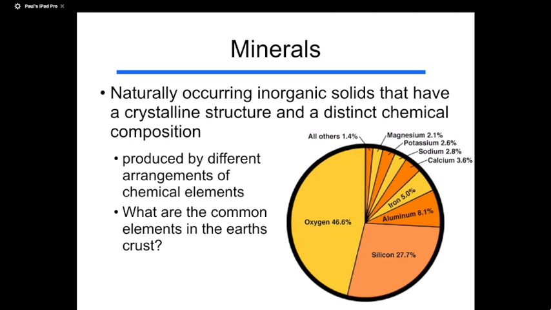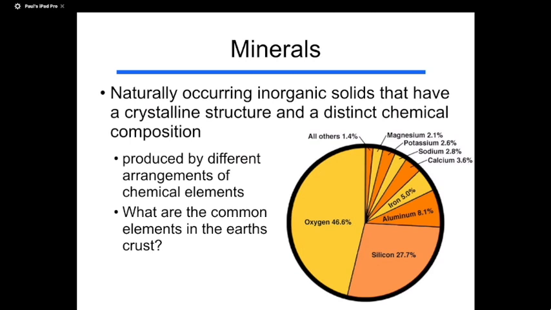Now, if I take a look at the crust of the Earth, which is mainly composed of rock, these are the elements that we see in the crust. The two bigwigs on that list are oxygen and silicon. The combination of oxygen and silicon is a component of almost every mineral and every rock that you are going to encounter.